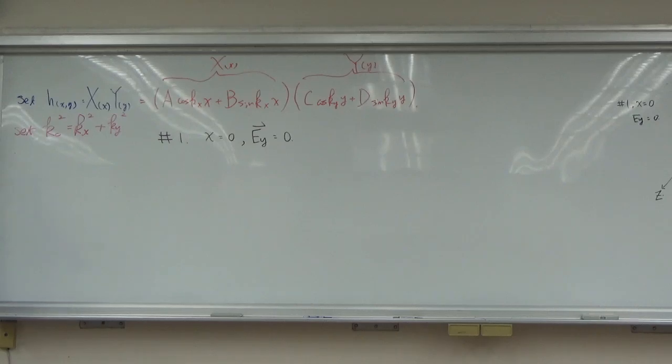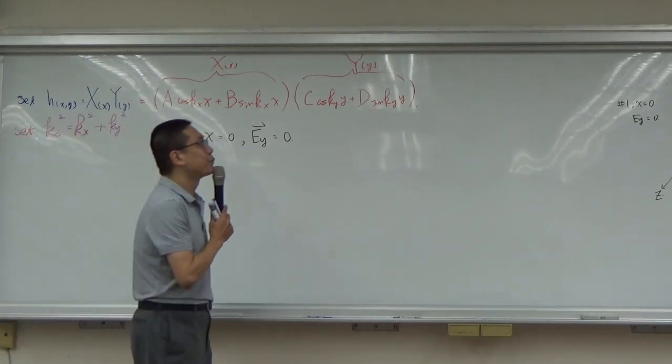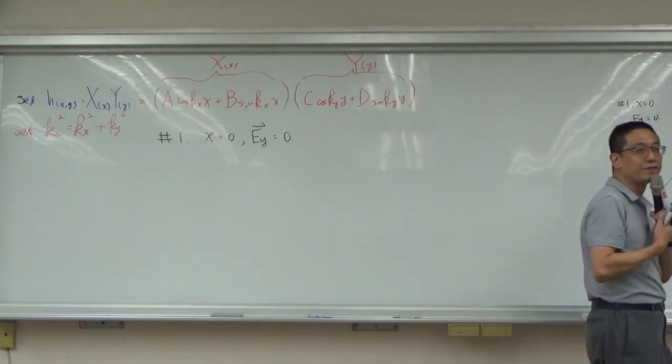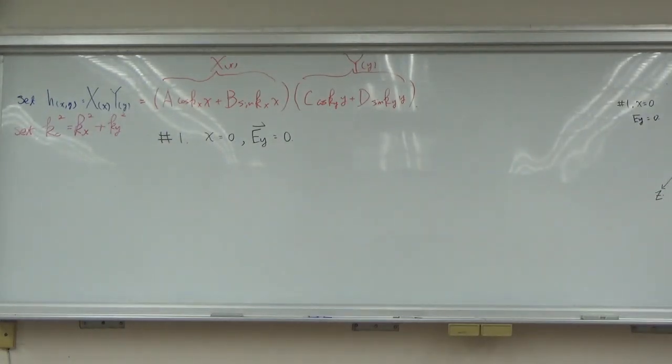Okay, I give you a chance to answer. Boundary number 2. Yeah. So boundary number 2. What is boundary number 2? Y equals to... what is it? Huh? What is boundary number 2?